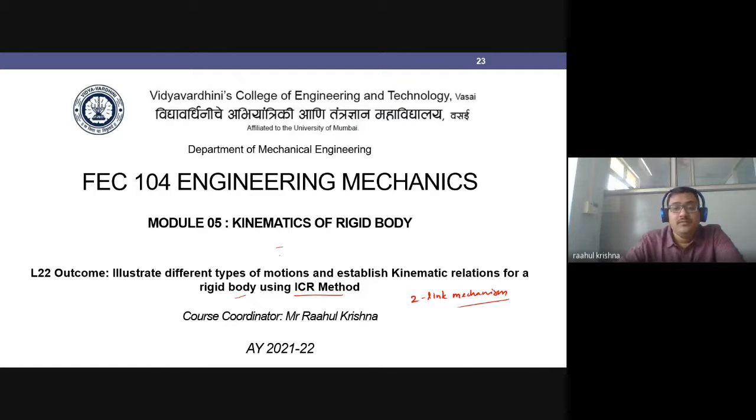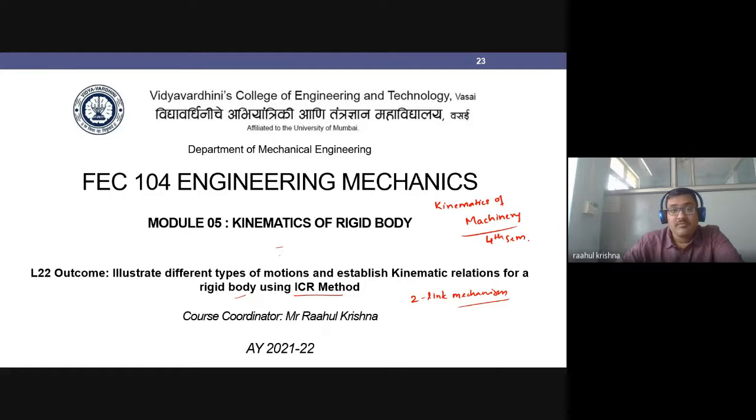In mechanical engineering, we have a course called kinematics of machinery, which comes in the fourth semester. In that course, we discuss more than two links connected to each other.